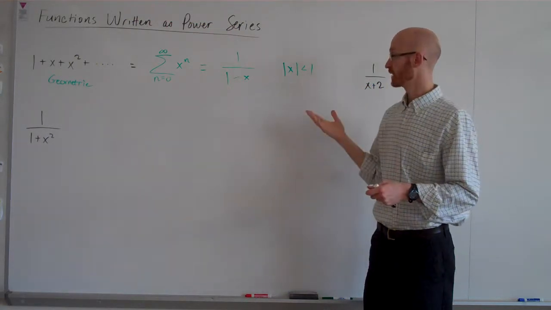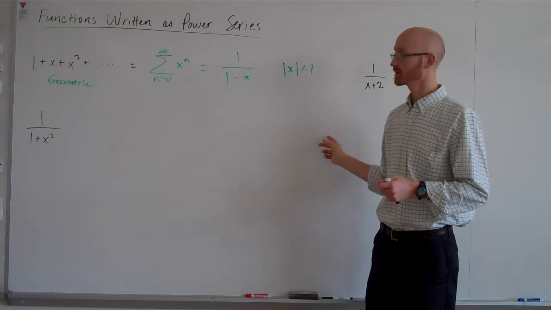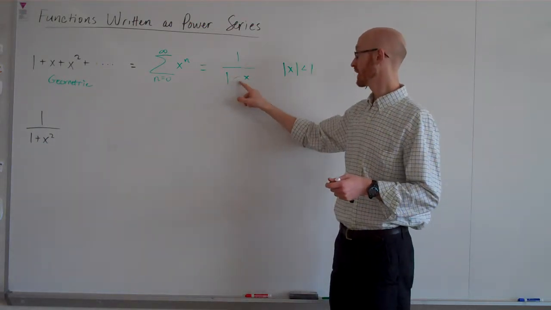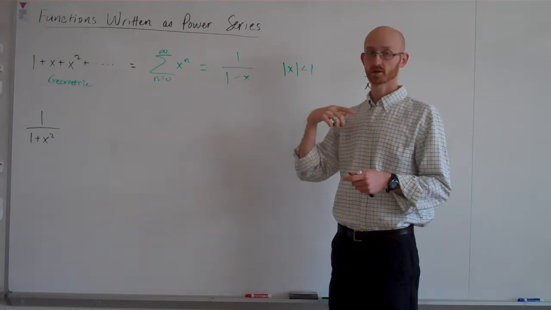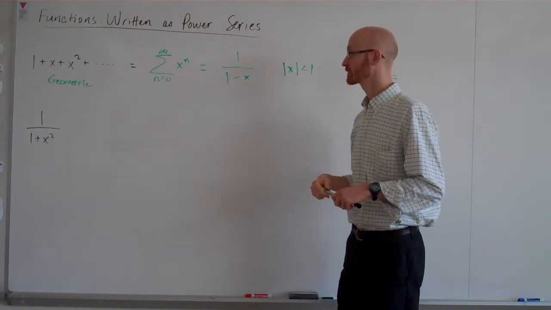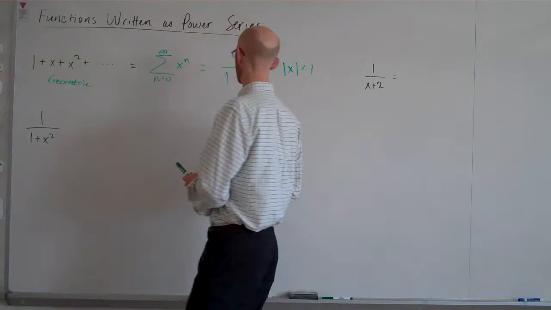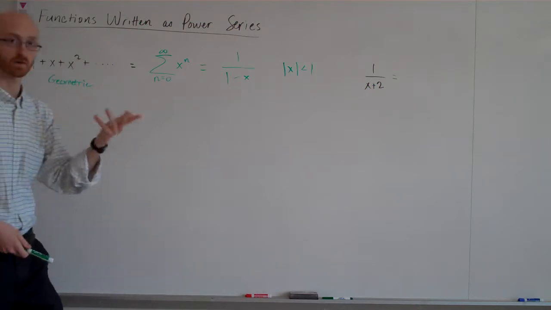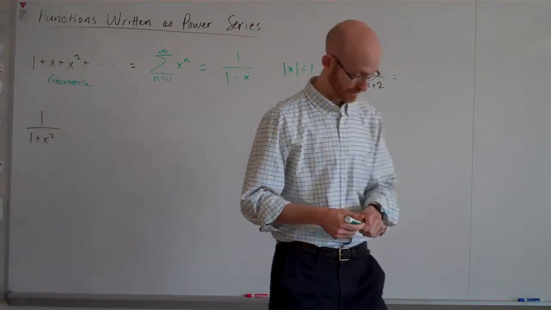So, for example, the one I wrote up on the board a minute ago had 1/2 as the ratio. So 1 over 1 minus a half, that's 1 over a half, which is 2. And if you were to do 1 plus a half, plus a fourth, plus an eighth, plus a 16th, etc., the sum would converge to 2.